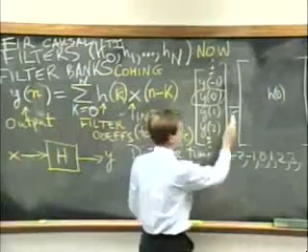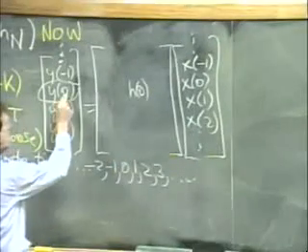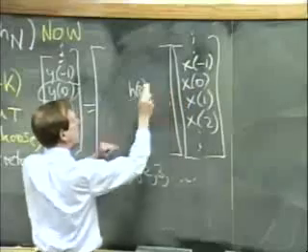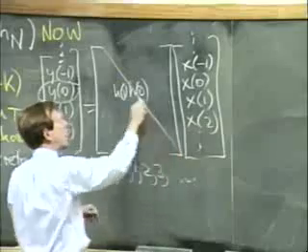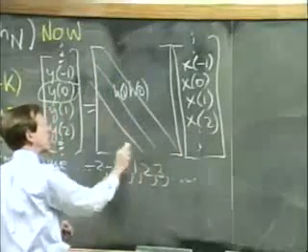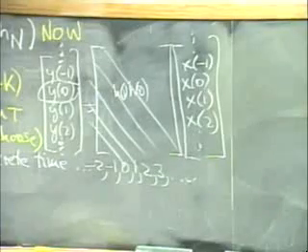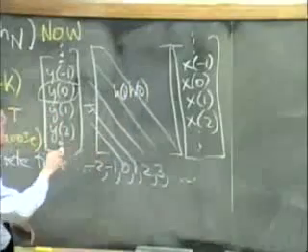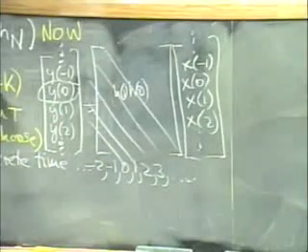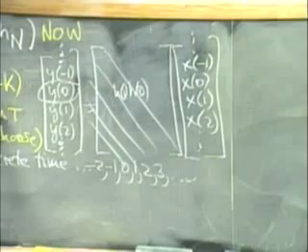Okay, I just want to complete this matrix. So y of 0 is h of 0, x of 0, then h of 1. Notice it's going to be lower triangular and Toeplitz. Might as well anticipate what's coming. When k is 0, h of 0 multiplies x of n. H of 1 multiplies x of n minus 1.